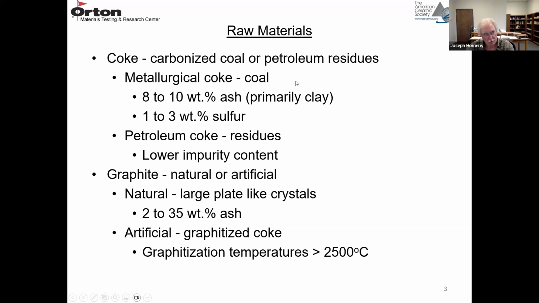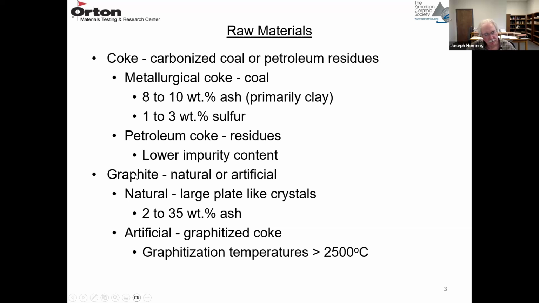The coke from coal is metallurgical coke, and metallurgical coke has about 8 to 10 weight percent ash. The ash is primarily a clay, and there's also sulfur, maybe 1 to 3 weight percent. The petroleum coke residues are higher purity, so there's a lower impurity content.